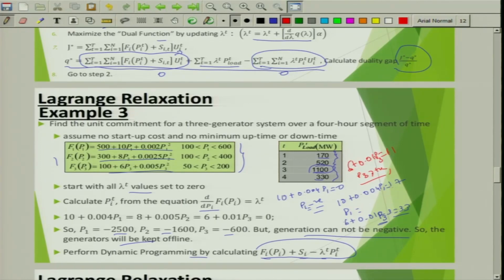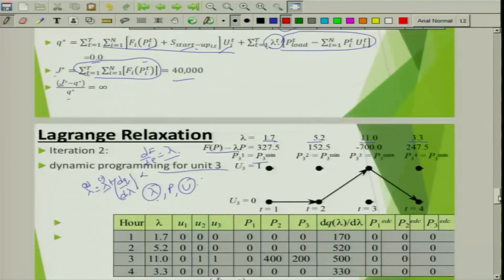Similarly for the second generator you take 8 plus 0.05 P2 is equal to 11 for the second generator at the third interval, correct. Again you get positive. That means there is some generation happening, it's a positive value you are getting.